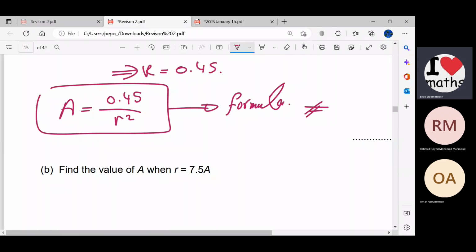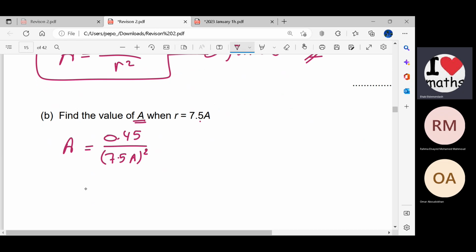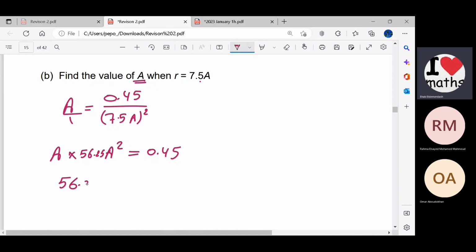After we found the formula, they are asking us to find a when r is equal to 7.5. So A equals 0.45 over r squared, which is 7.5 all to the power 2. Multiplying it together, 7.5 squared is 56.25. So 56.25 times a to the power of 3 equals 0.45.